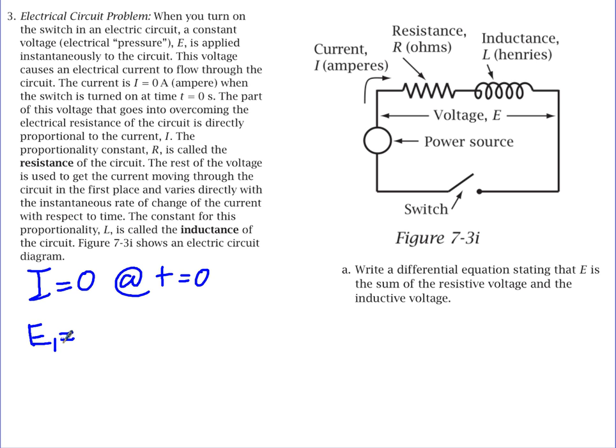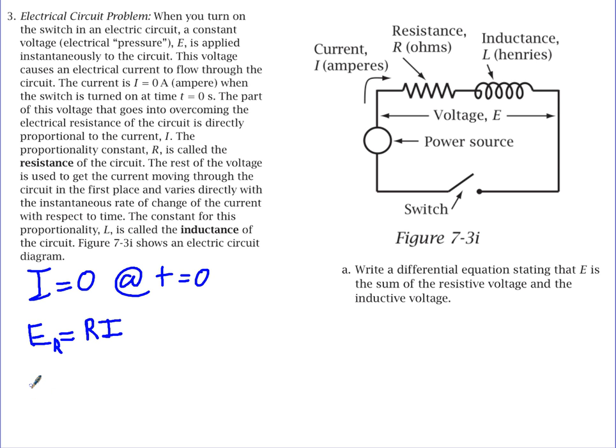I'm just going to call this first part ER, the part that's due to the resistance, or the resistive voltage. So it says that that part is directly proportional to the current, with the proportionality constant R. So we've got Ri.